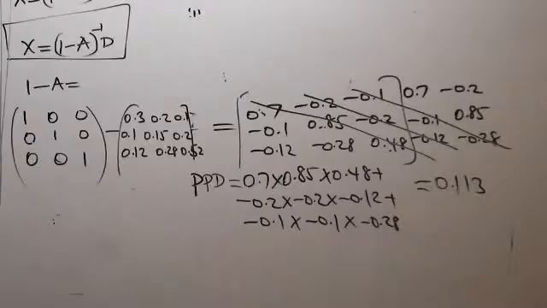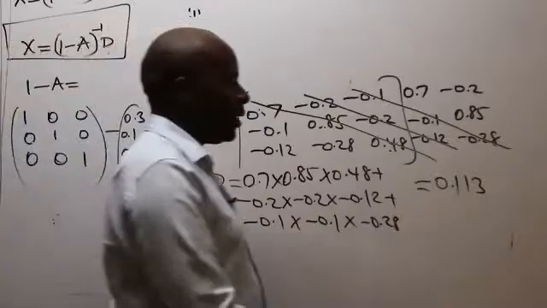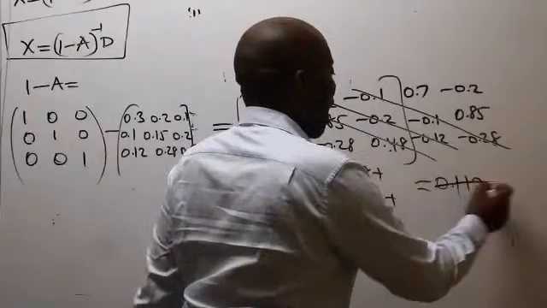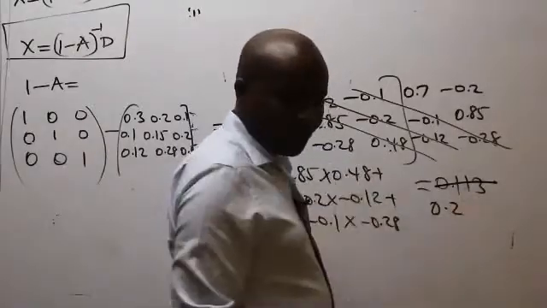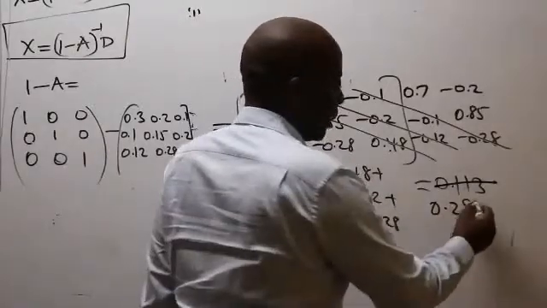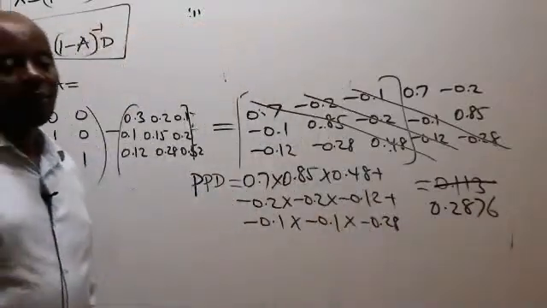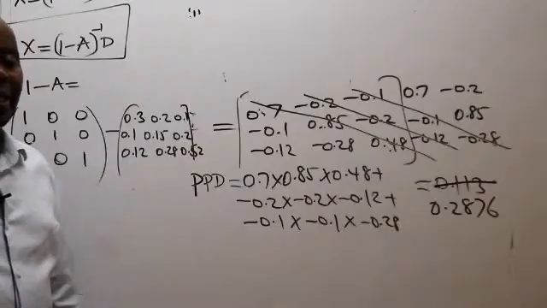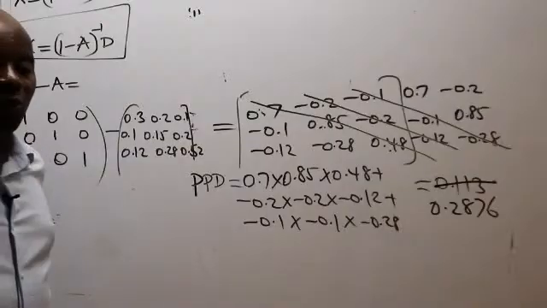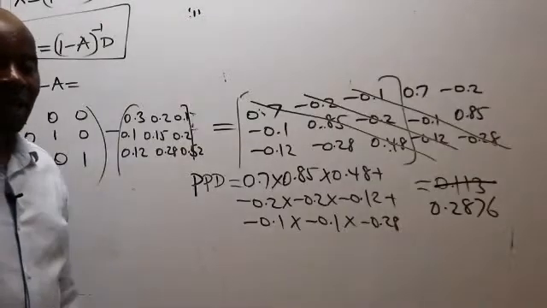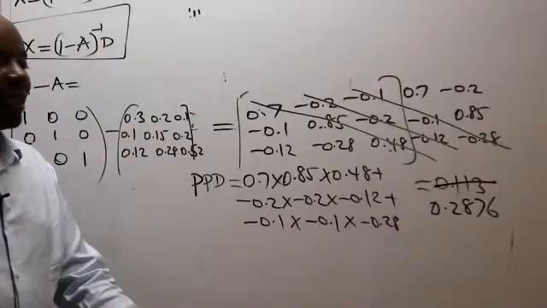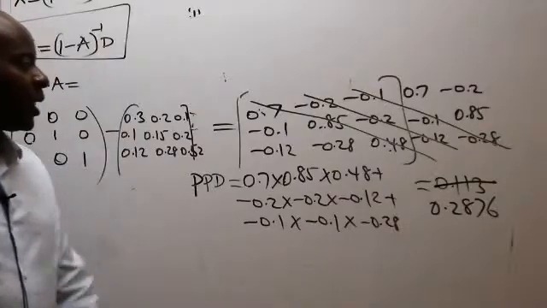If I look at what Match is giving me, it's quite close to what James has. So it means that this PPD has to be 0.2876 or 88 or 0.2. No, it's quite different from what James has.